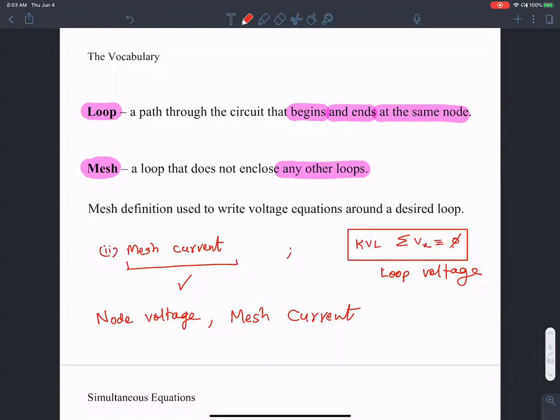So the techniques that we looked at revolved around the mesh current method, which is an application of KVL, or the node voltage method, which is simply an application of KCL at different nodes. Okay, KCL at nodes. Mesh current method is KVL around loops, around different meshes.